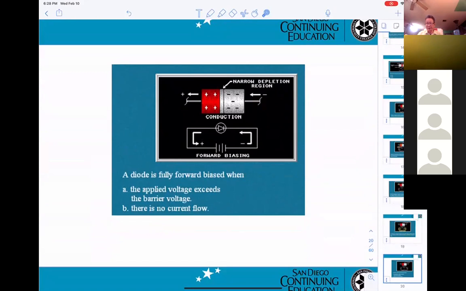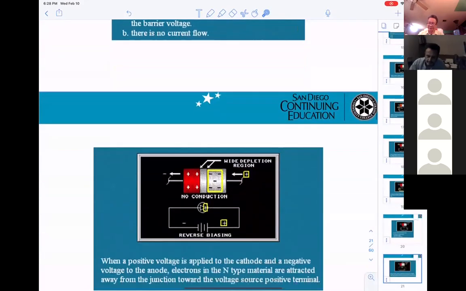A diode is fully forward biased when applied voltage exceeds barrier voltage, there is no current flow. A. Easy question.